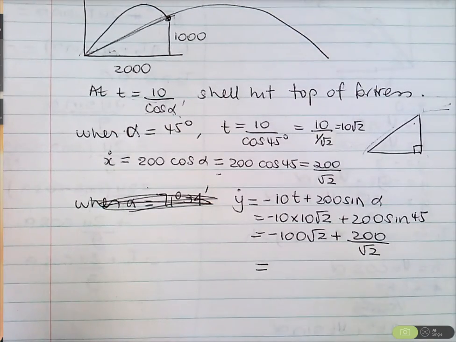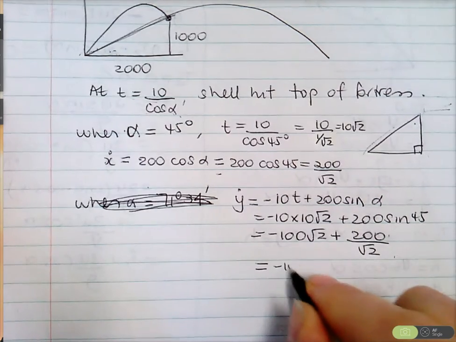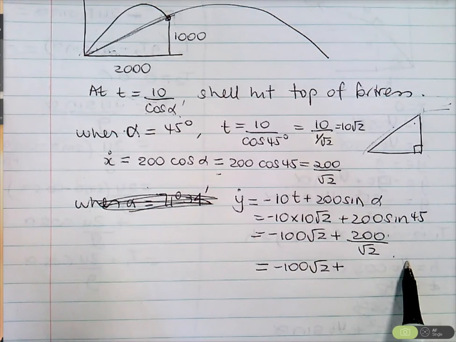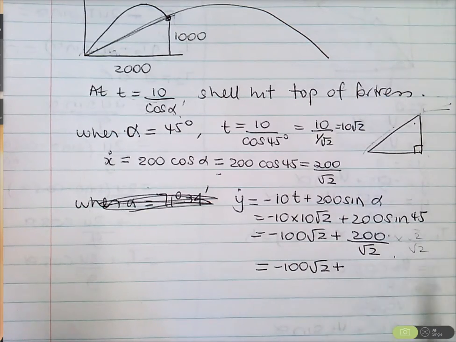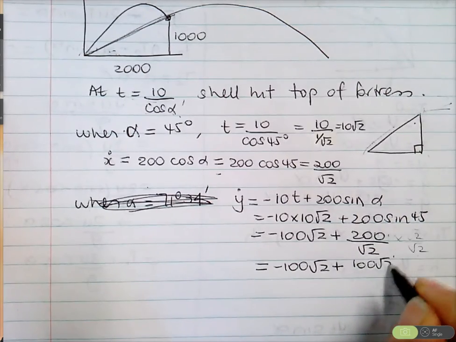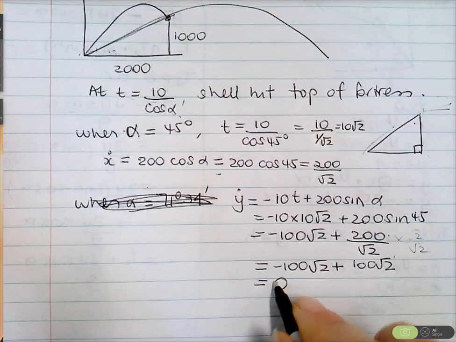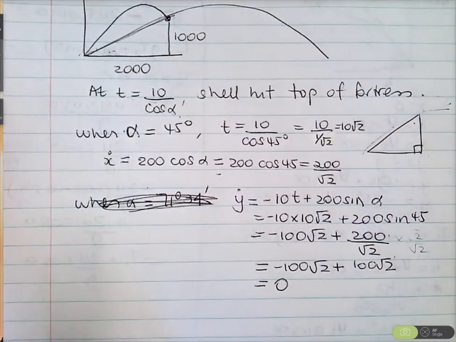How do you rationalise this? Times root 2 over root 2, which is 200 root 2 on 2, which is 100 root 2. So that's 0.